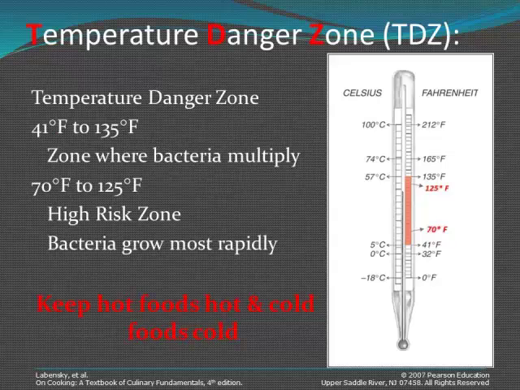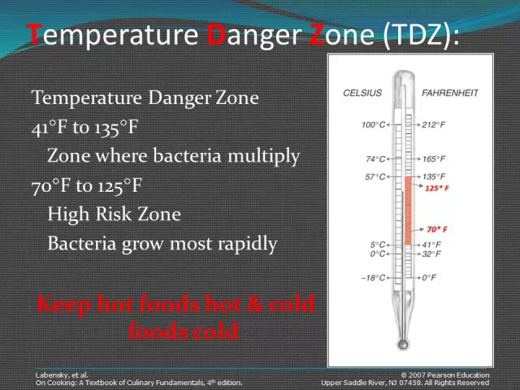So this slide has a lot of information on it, even though it's just one slide. First, remember, keep hot foods hot, cold foods cold. By doing that, you almost eliminate the food ever sitting in the temperature danger zone. So the temperature danger zone, also referred to as the TDZ, is 41 to 135.